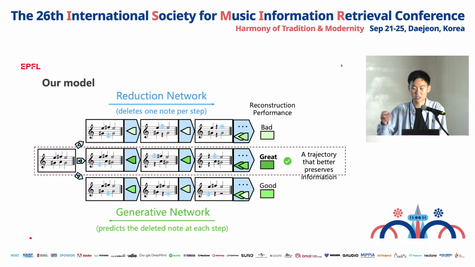In each training iteration, the reduction network will propose different deletion paths. In each path, each step will delete one node until there's only one node left in the trajectory.